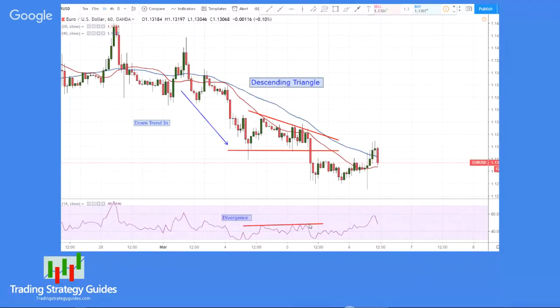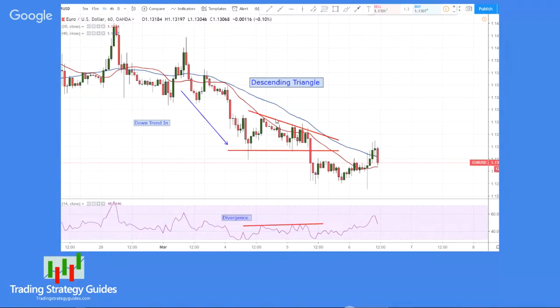There's a divergence. This is probably not the perfect setup. This is a setup I would probably think hard about, because this divergence is not really strong. This RSI is not moving up too dramatically.